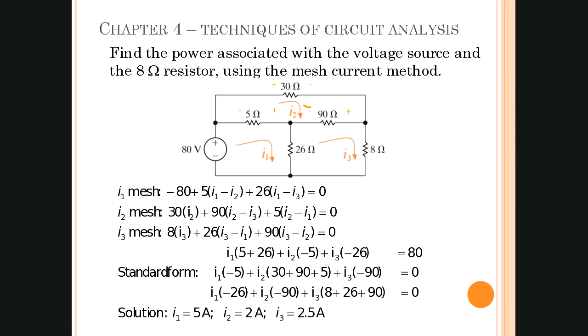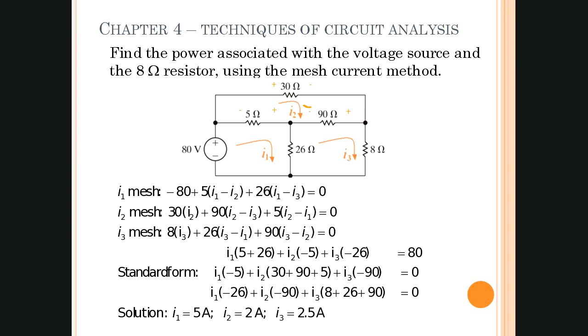Now, if you look at it like this again, and we're going in the clockwise direction, current is going from the left to the right across that 30 ohm resistor. And as we come back to the 90 ohm resistor, it's going from right to left because that's the direction of the current. And as we go through the 5 ohm resistor, again, it's going from right to left. So the voltage drops are going to be in this sign notation.